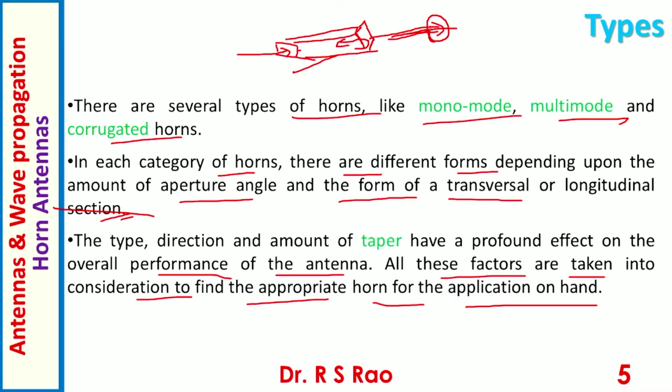So to increase the amplitude of the wave that enters into the space and moves towards the receiver, the technique used is flaring the walls of the waveguide, opening out of the walls of the guide.